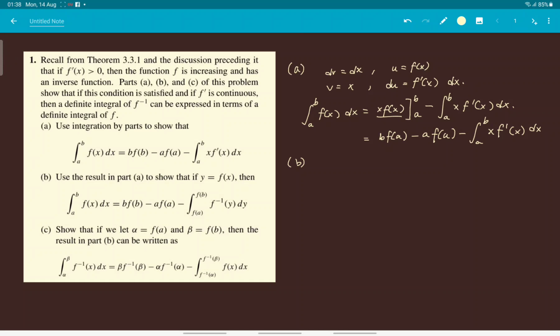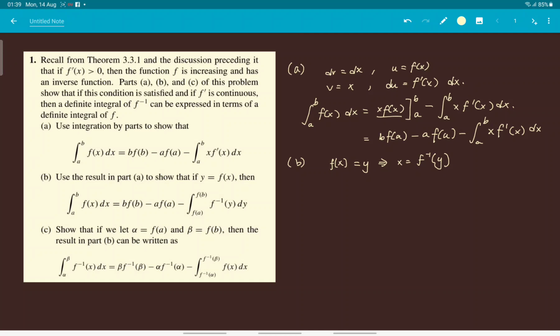We can see that f is invertible. So if f is invertible, let's say we are given f(x) equals y, it means that x equals f inverse of y. Since f is invertible, it obeys the injectivity and the surjectivity of the function.